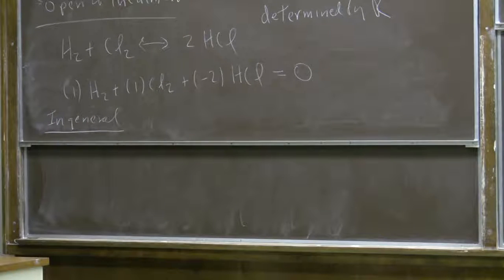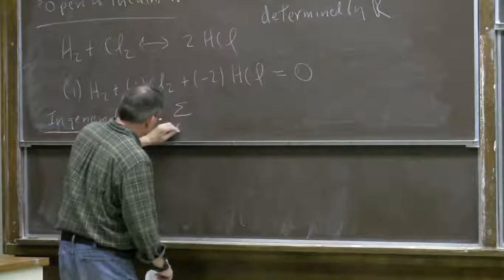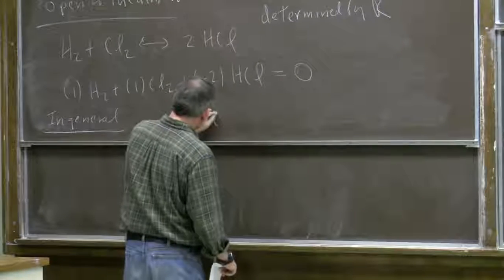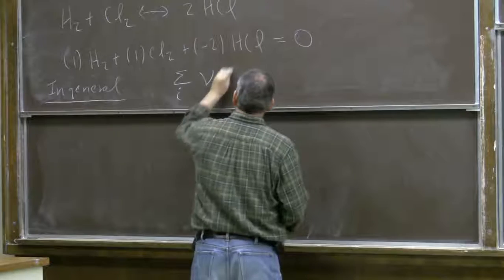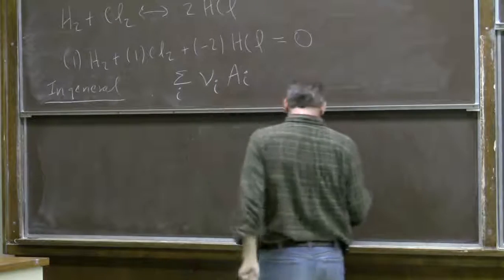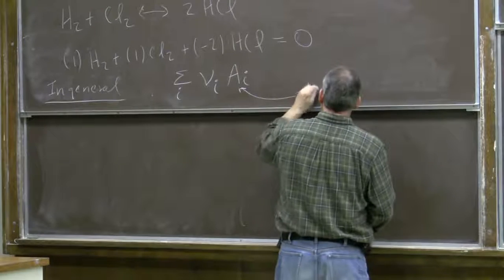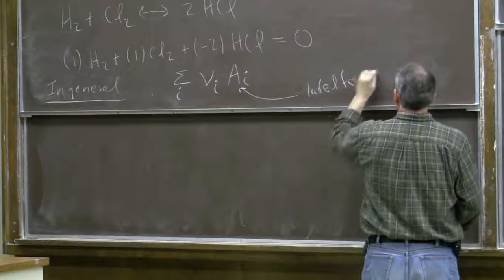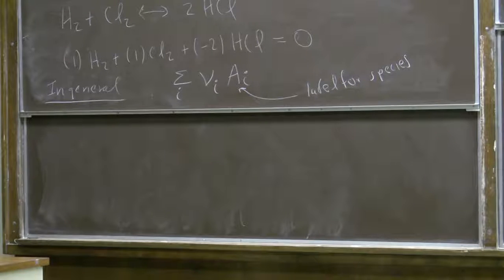Now for any chemical reaction, I can write down such an equation, which will have the form: I sum over the species that take part in the reaction. There's some number, which I'll call nu sub i, and some species label A sub i. So this is a label for species to distinguish, in this case, H2, Cl2, and HCl.